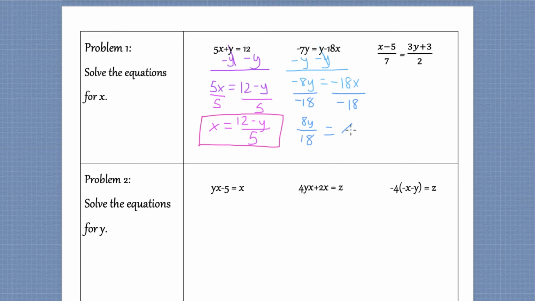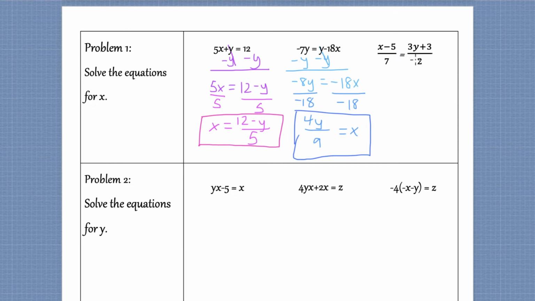And so instead of writing this as 8y over 18, you can see that if I divide 8 by 2 and if I also divide 18 by 2, that can give us 4y over 9 instead of 8y over 18. So this is now simplified, and all of this is going to be equal to x. So we just have a simplified version now, and so this is going to be our final answer.